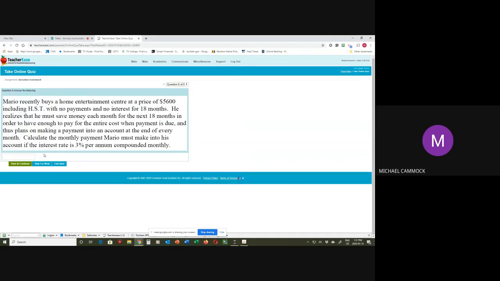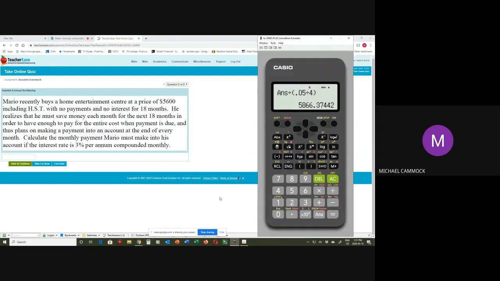This is a long question, right? I'm going to bring up the calculator for you to look at. But I want you to think about this question. I'm going to clear out the calculator here. Mario is buying an entertainment system that's going to cost him $5,600, including HST. Everybody hopefully knows that when you go to buy stuff, you have to pay HST, which is a tax, with no payments and no interest for 18 months.